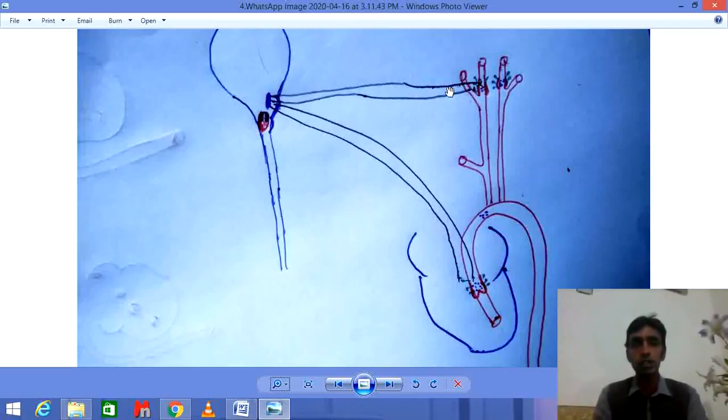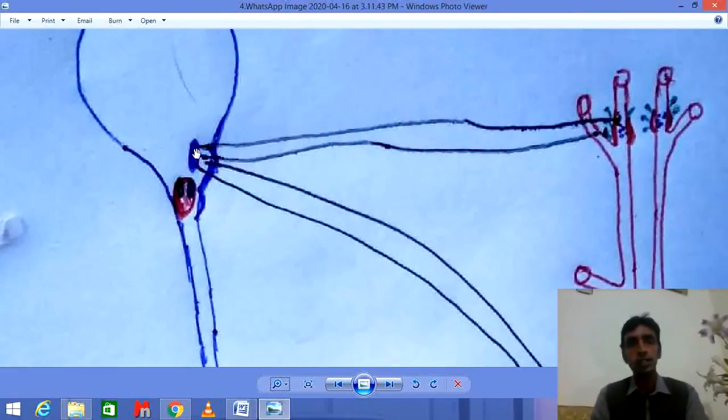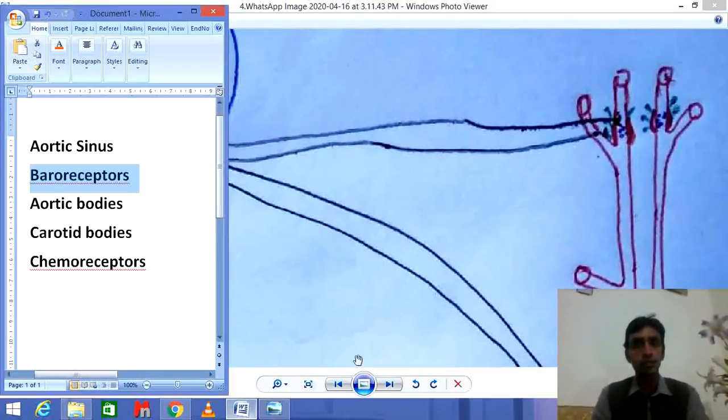When the baroreceptor detects the blood pressure, this detection is communicated to the brain, to a nucleus. In the pons area of the brain stem there is a nucleus. This nucleus is called tractus solitarius.